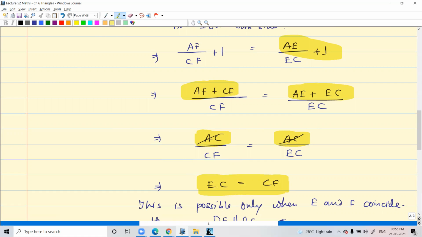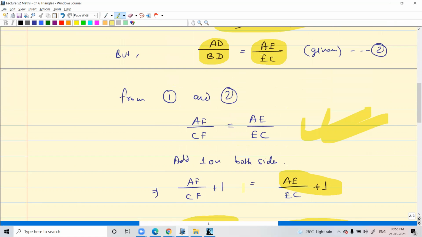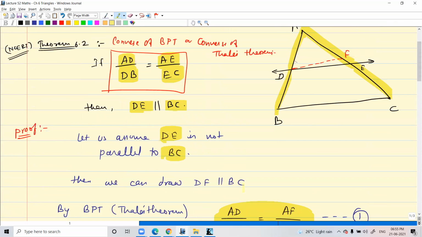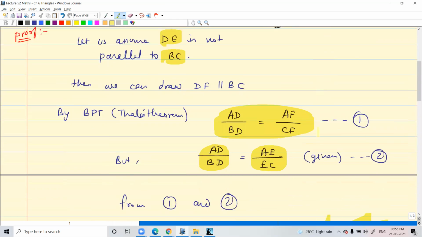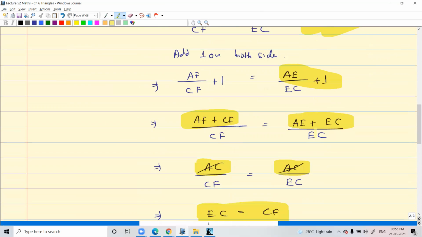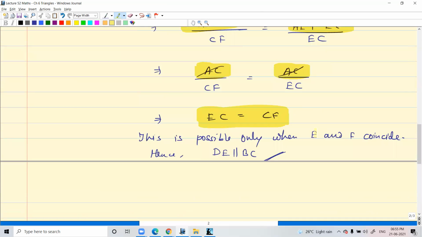So we can understand that if these two are equal, that means EC and CF are equal, which can only be possible when E and F are exactly at the same place. Otherwise, it cannot be. EC cannot be equal to CF if they are at different places. Okay, so you just write down this concept: this is possible only when E and F are coinciding.